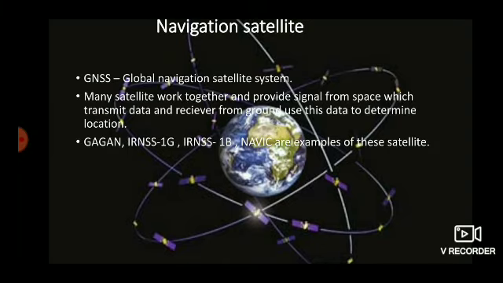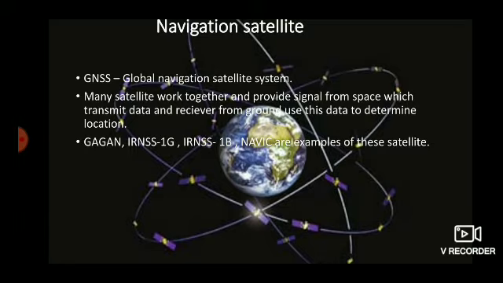Navigation satellite: now the global navigation satellite system, that is GNSS, works on that. Here many satellites work together in a group like a constellation and provide signals from space which transmit data, and receivers on the ground use this data to determine the location of an object. So it is not possible for one particular satellite to locate or navigate the position of an object.